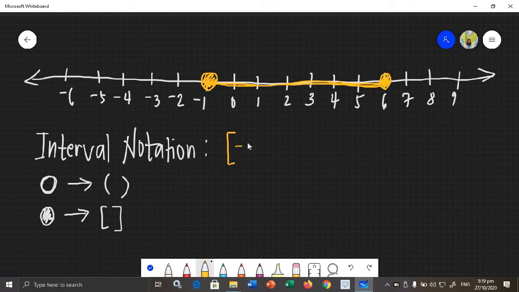So, -1. Why brackets? Because the circle here is closed. And then we have 6. Brackets also, because the circle given is closed. So, that is the interval notation of this illustration.